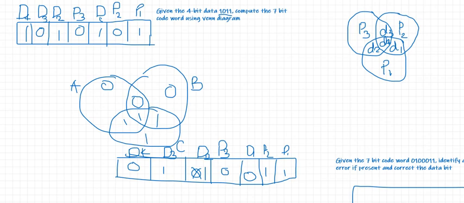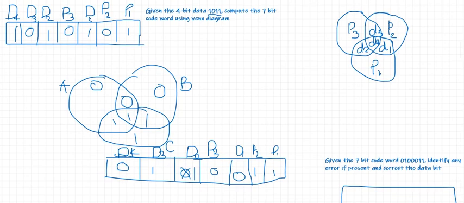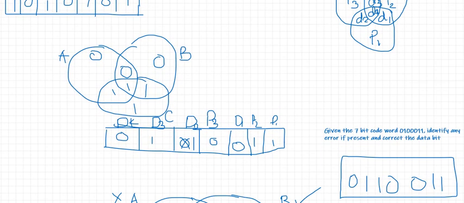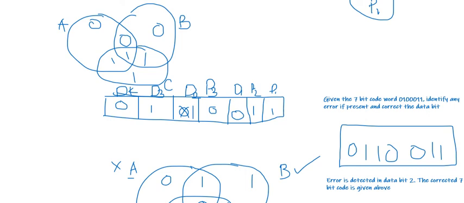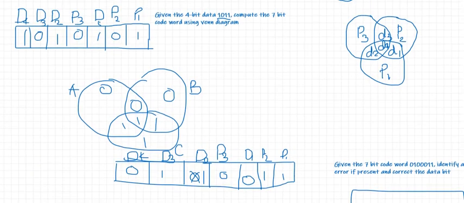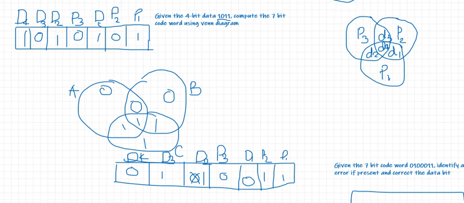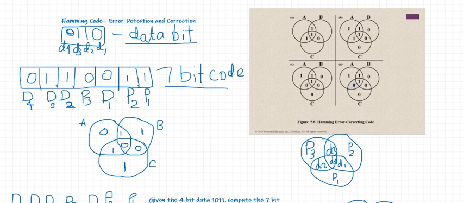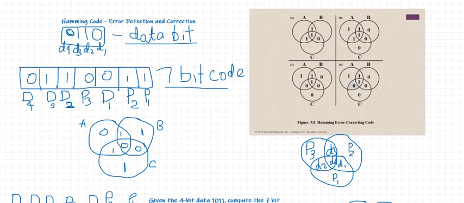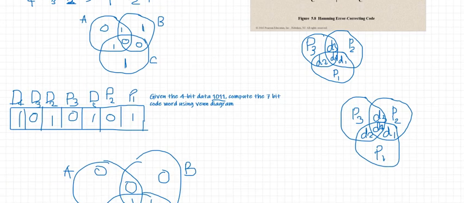You can find out whether there is any error or mistake present in the code, and if there is a mistake, what the problem is. So this is one more example. Given 4-bit data, you can calculate the 7-bit code word.